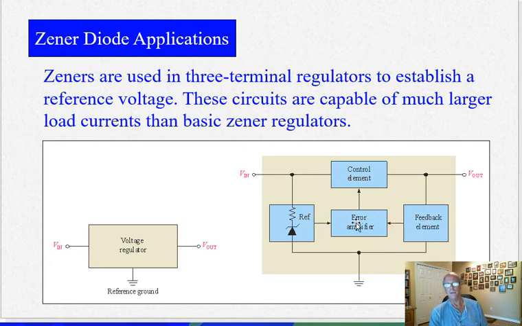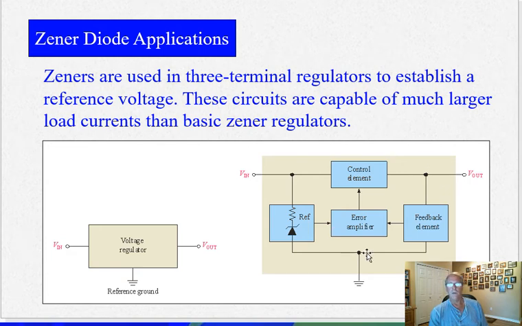It compares these 2 voltages, and then controls this control element, which is a pass transistor. Basically, it turns a transistor on or off a little bit more or a little bit less, depending on how much current is required out here to maintain this voltage, okay?